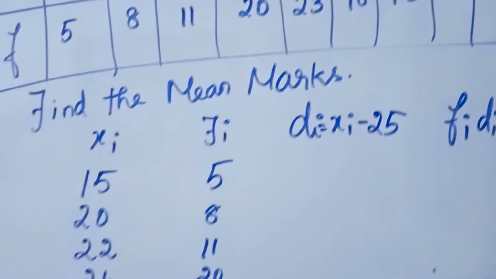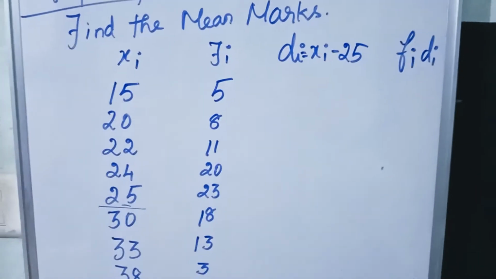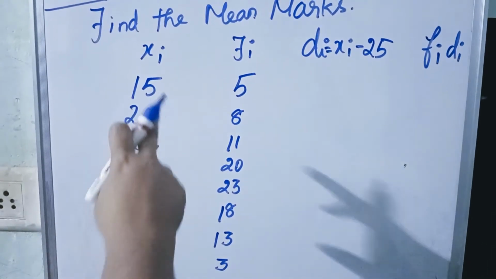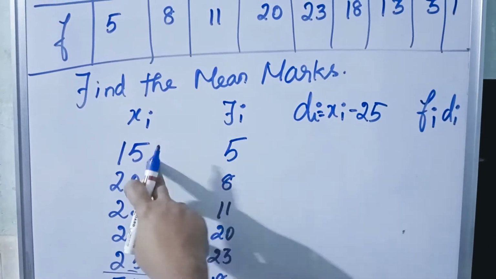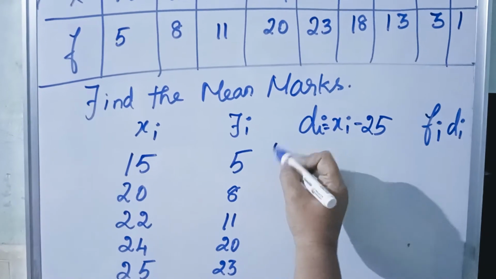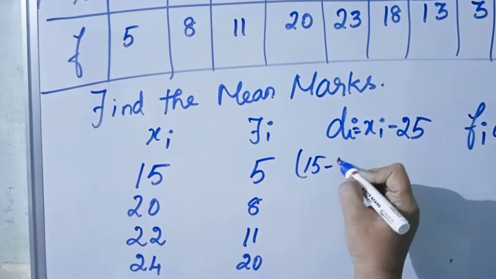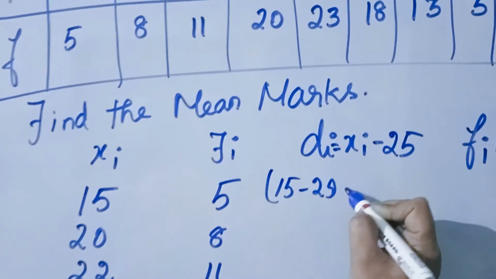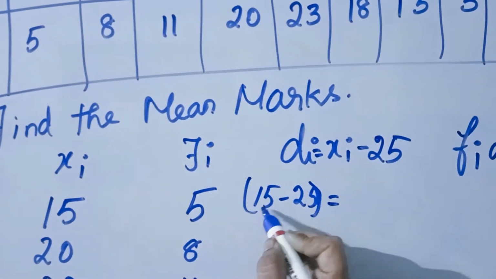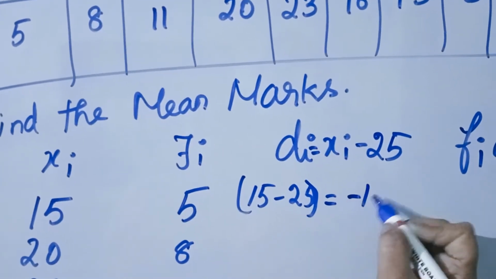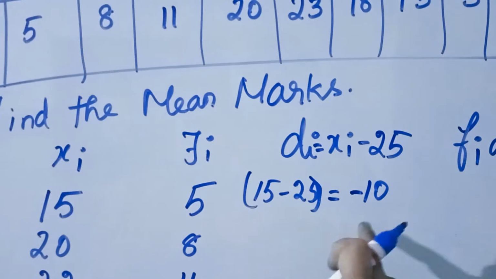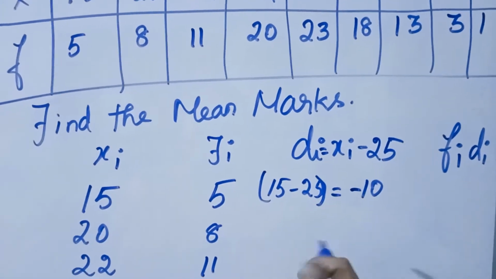Okay, a is constant. Now we subtract a from xi. 15 minus 25 is minus 10. As usual in subtraction, the bigger number's sign is minus, so minus 10.